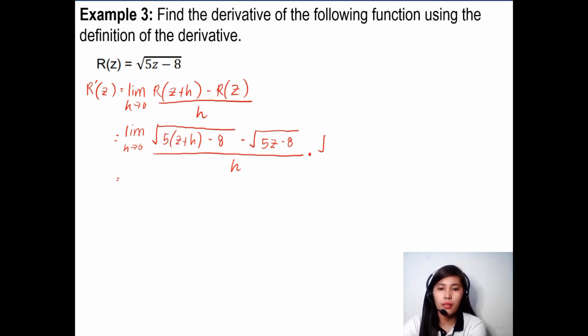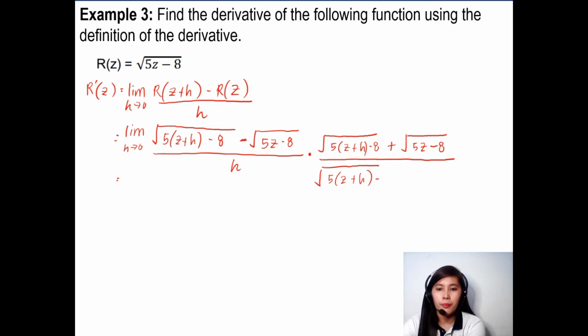That is square root of 5 times z plus h minus 8, plus, because this is minus, square root of 5z minus 8. Also in the denominator.